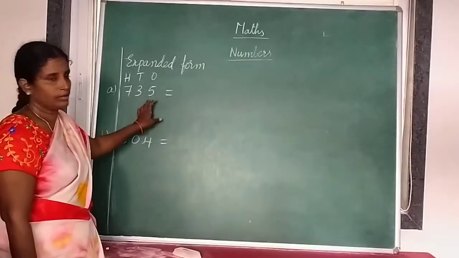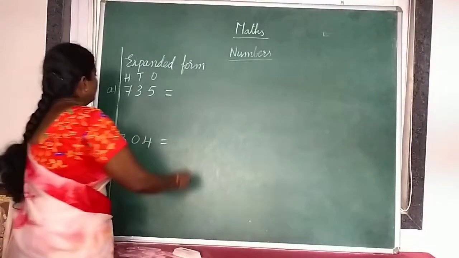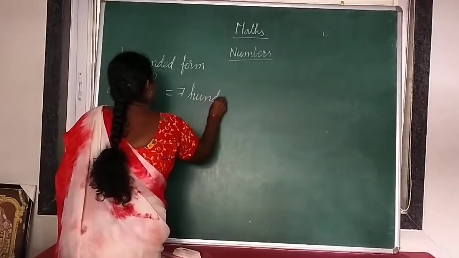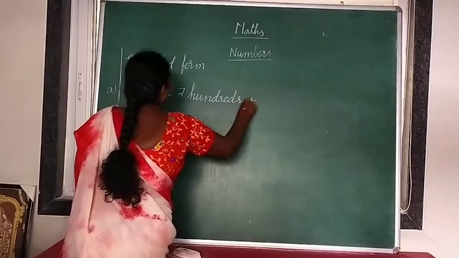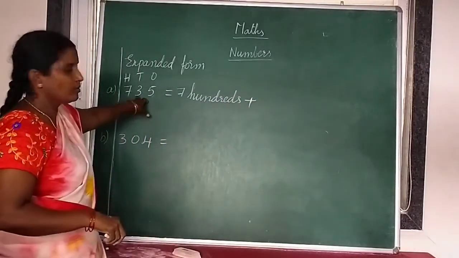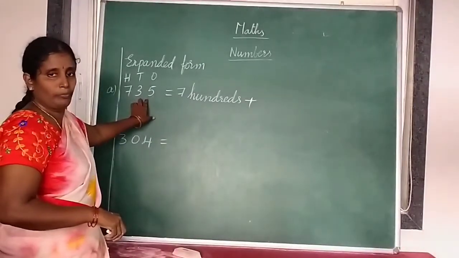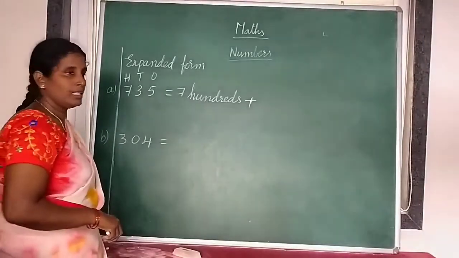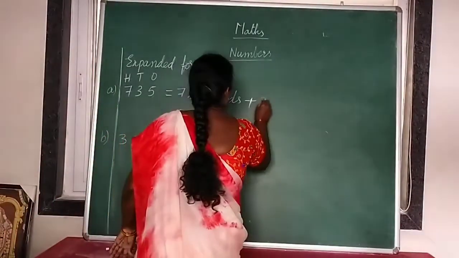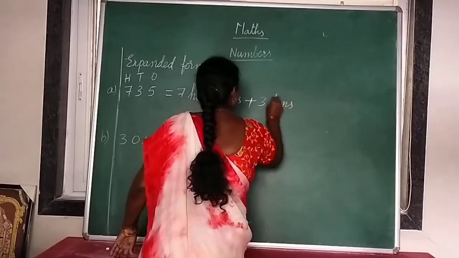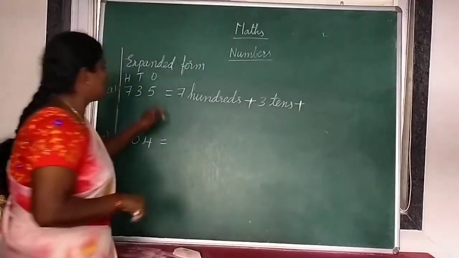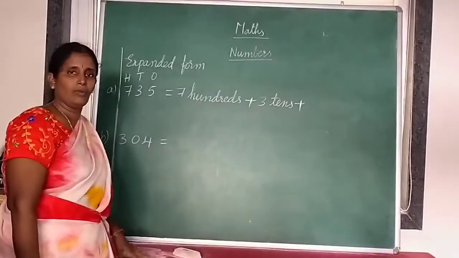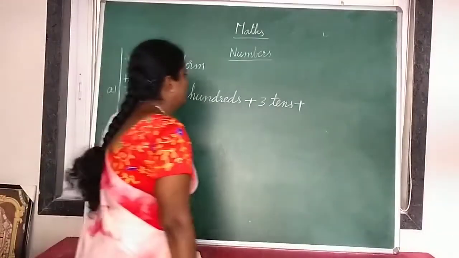735. Yes, 700s plus, what is the next digit? 3. In which place? Tens place. So it is 3 tens, plus what is the next place? Ones place. What is the digit in ones place? Yes, 5.